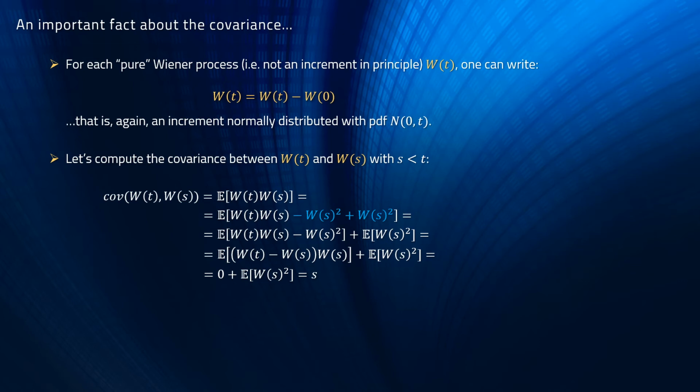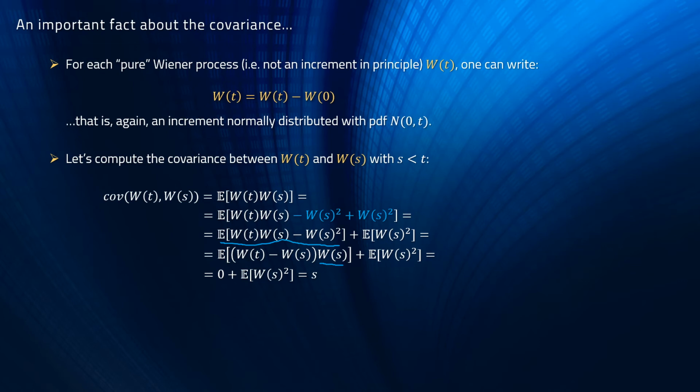We can rearrange this very short formula by adding and subtracting the same quantity, which is the square of Ws. By using the linearity property of the expectation, we can transform this into two different expectations: the expectation of Wt times Ws minus Ws squared, plus the expectation of Ws squared. This is a very useful trick, since you can then rewrite the first term by isolating Ws.